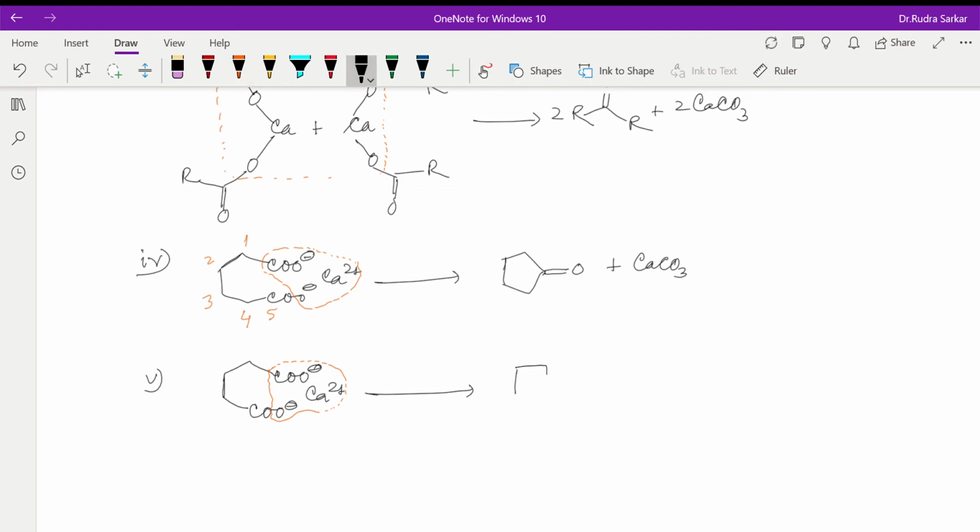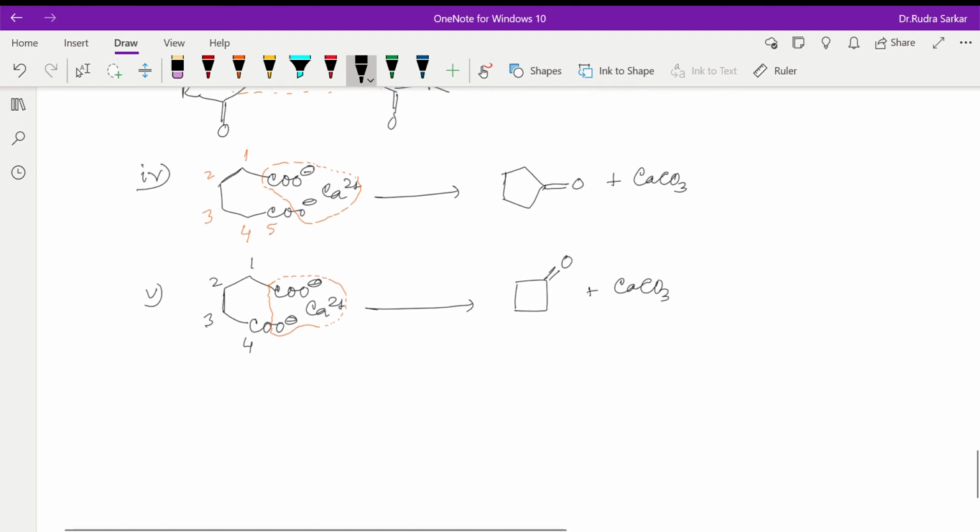Then you are getting 1, 2, 3, 4. Try to number the carbons, otherwise sometimes you might be doing the right mechanism, but while drawing the ring, you might add extra carbon or you might lose one of the carbons. Okay, so numbering helps.